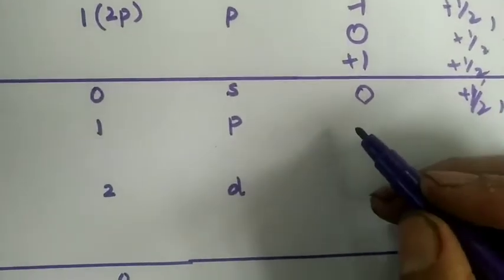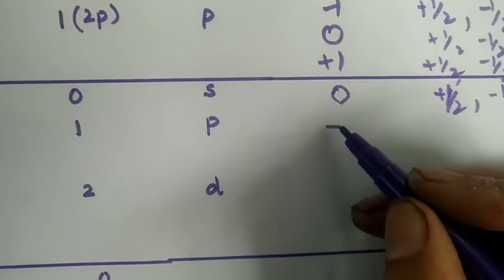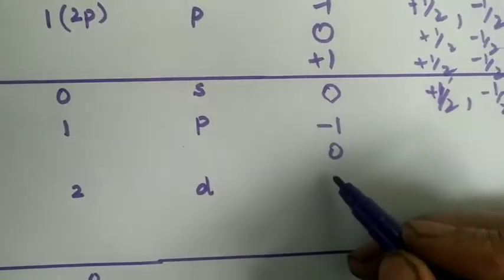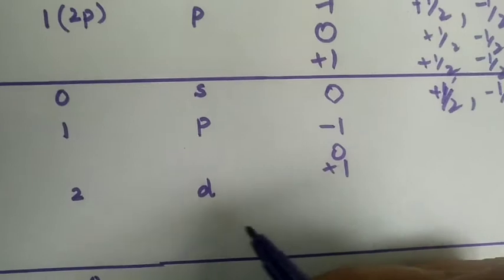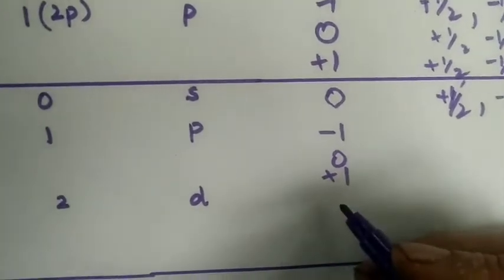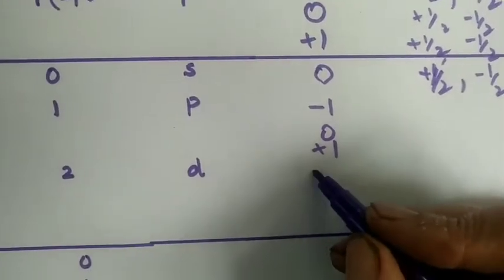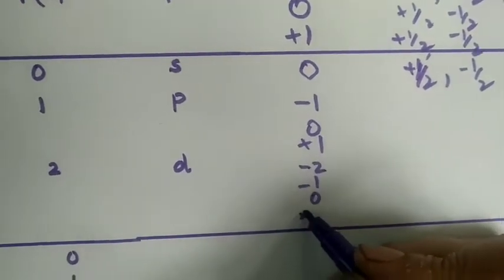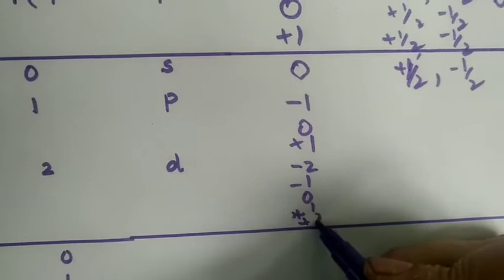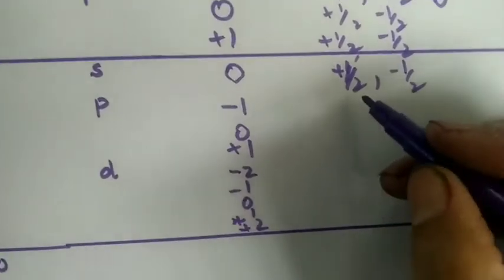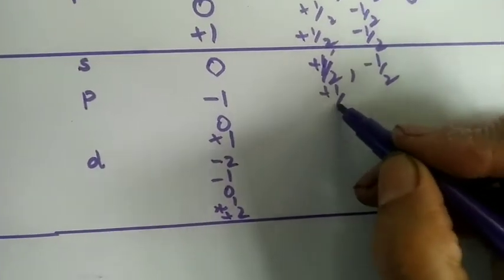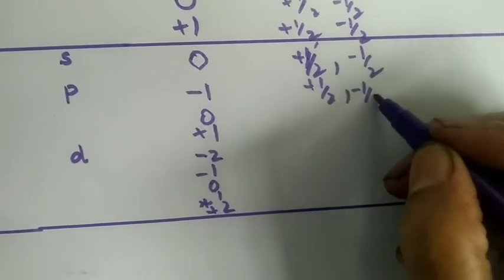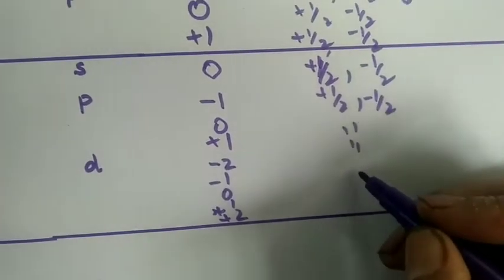For P, ML values can be plus 1, 0 and minus 1. For D, L is equal to 2, ML can be minus 2, minus 1, 0, plus 1 and plus 2. For each of these, the spin values can be plus half for one electron, minus half for other electron.